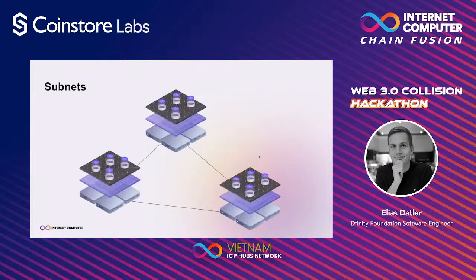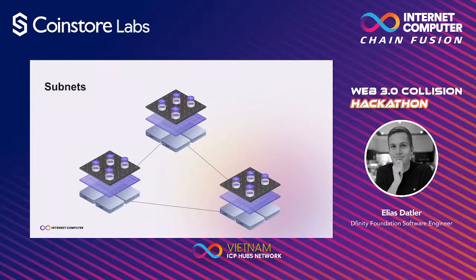Now, I've told you that we have this three-layered stack on the internet computer, and each canister runs on a specific subnet on the internet computer. And as of today, we have 37 subnets, and we use those subnets to scale the internet computer.